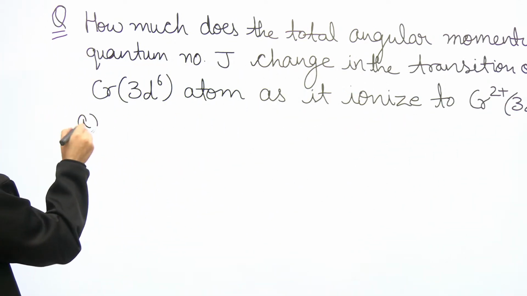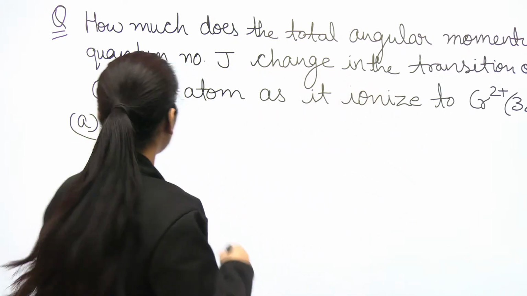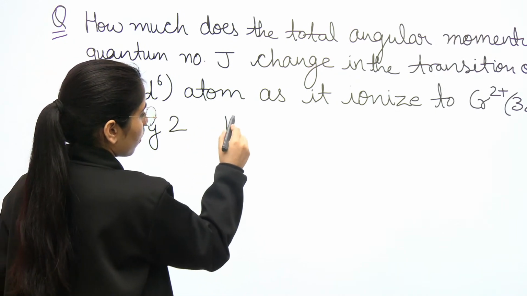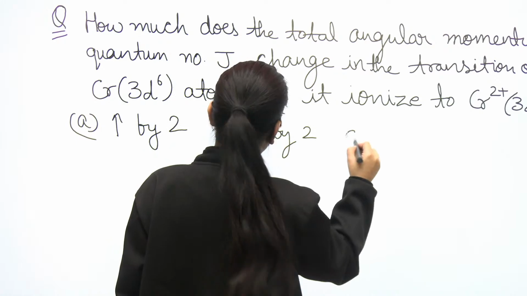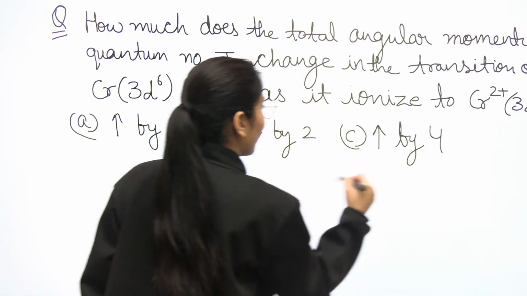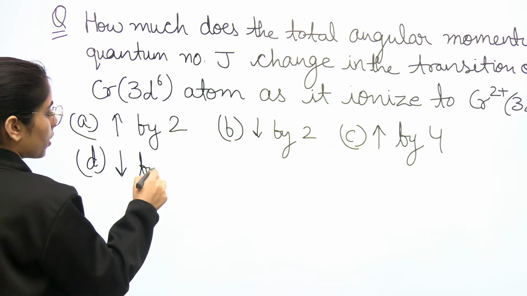Options are: increases by 2, decreases by 2, increases by 4, and decreases by 4. Try it now and let me know once you get it done.